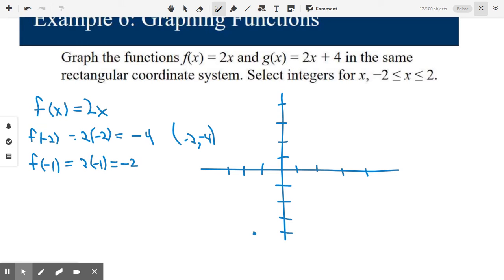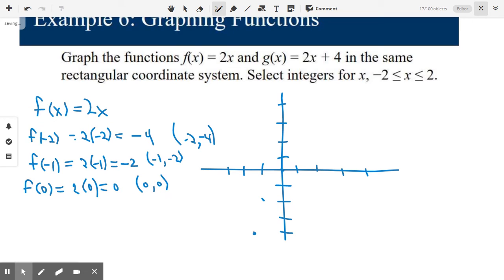And notice I get -2. So that ordered pair is -1 is what I inputted in for x, and the y is my output, -2. So -1, -2. If I want to know what's the function value when x is 0, 2 times 0 is 0, so I get 0, 0.